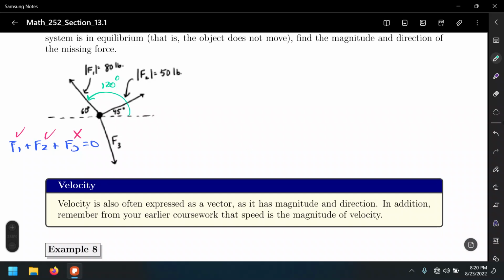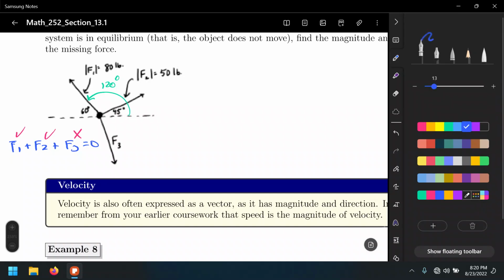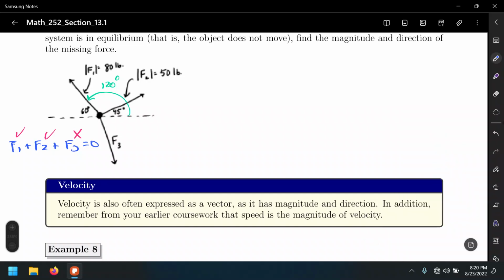So let's write these vectors first of all. Vector F1, that's 80 pounds. I'm going to skip the units here just so it doesn't look messy, but in the end we're going to get back to the units.